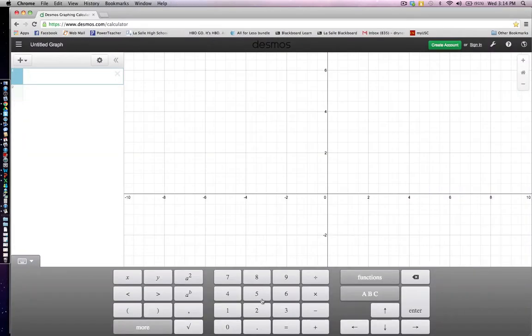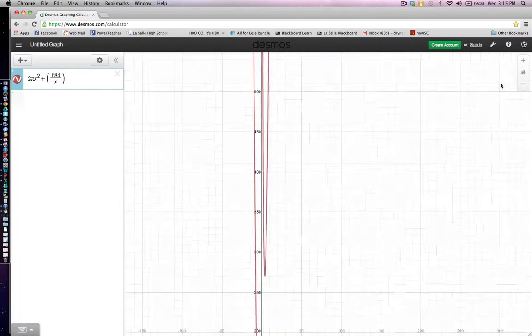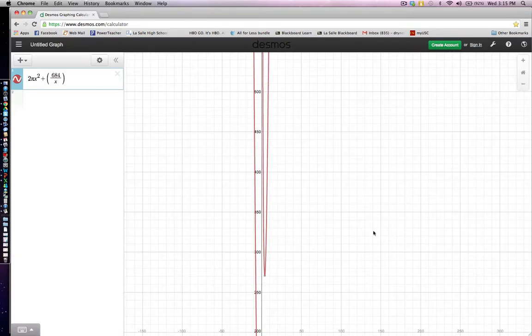So I've gone to my calculator, and I'm going to do 2 pi times x squared plus, open parentheses, 684 divided by x. So I've substituted x for r, and when I go ahead and graph this, what I'm looking for is this lowest area.